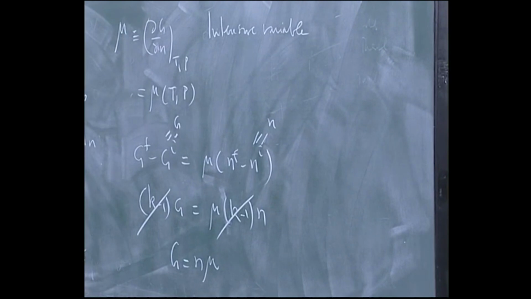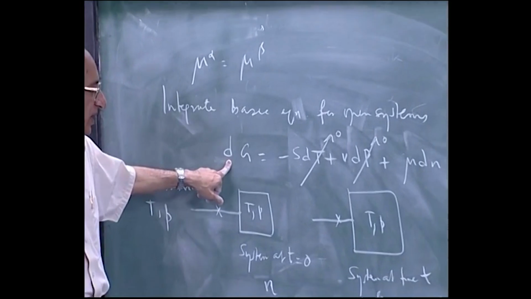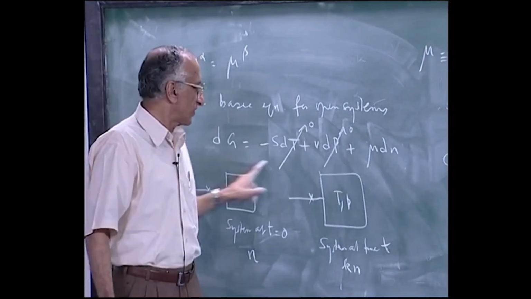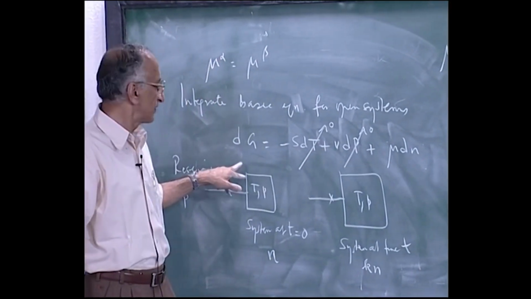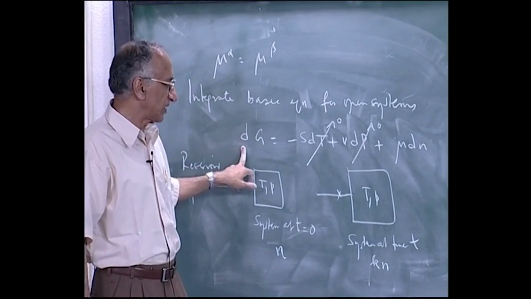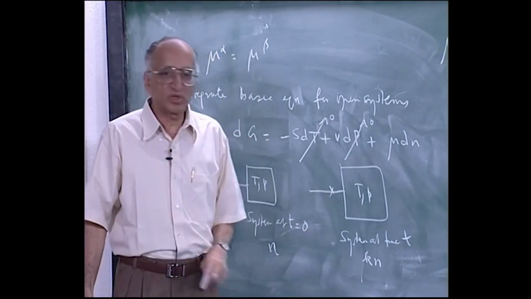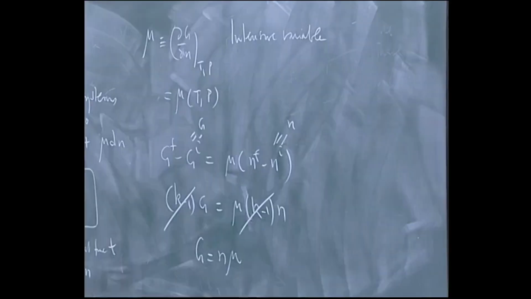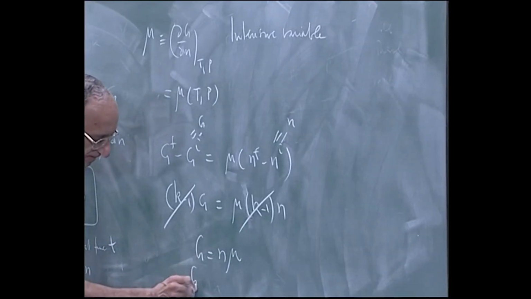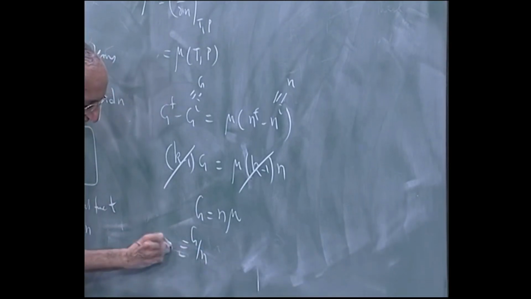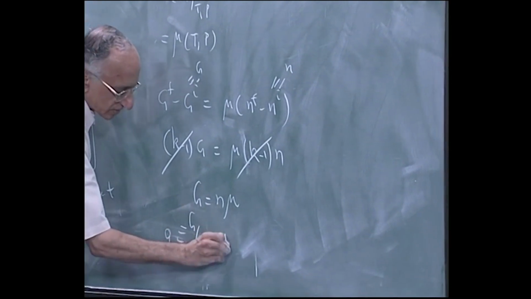So, although we introduced a variable mu as the partial of G with respect to n, in the case of constant composition systems or in the case of pure substances that we are now dealing with, mu simply happens to be small g. So, this is G by n, which is by definition small g, and is also equal to mu.